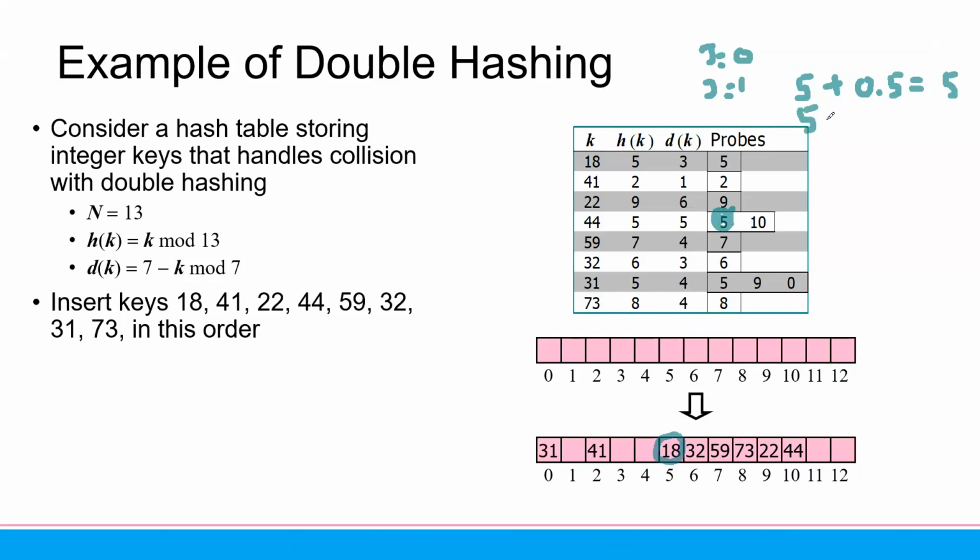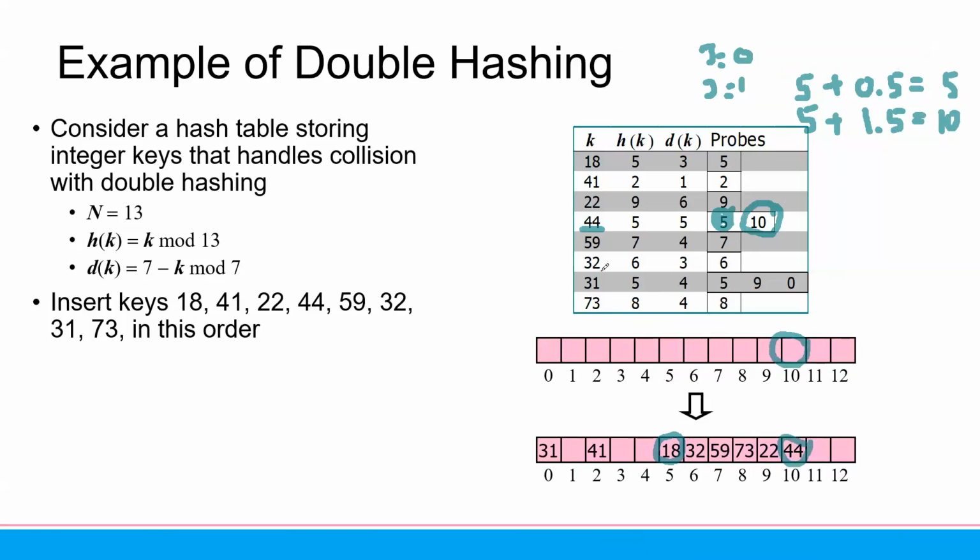If j equals 1, then 5 plus 1 multiplied by d(k), 5. So 5 plus 5 means 10. So we go to index 10, and we place 44 in index 10.